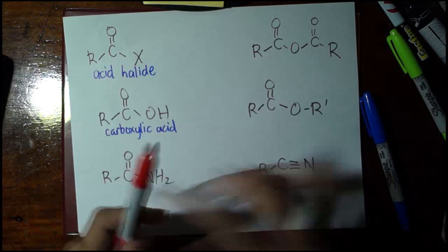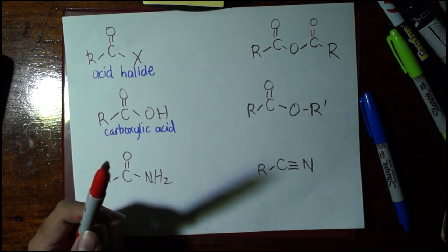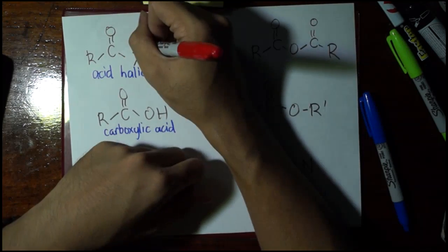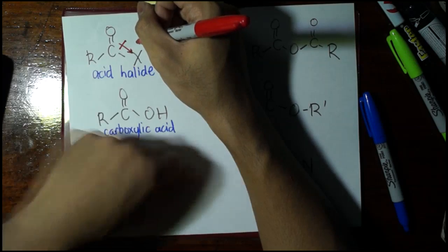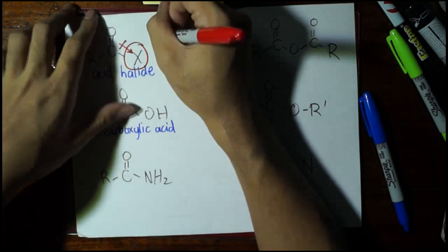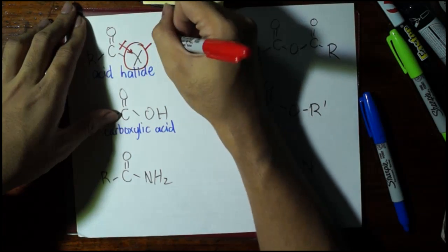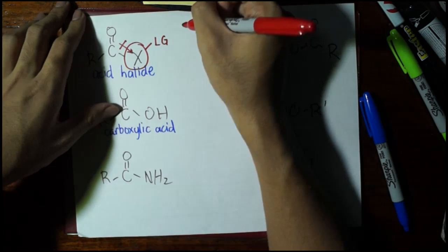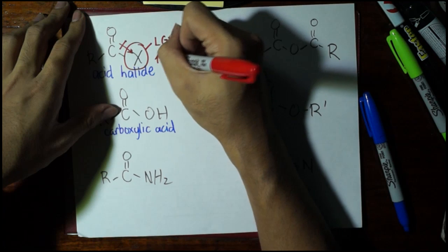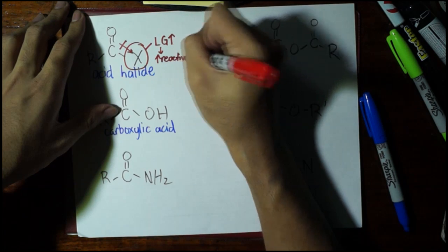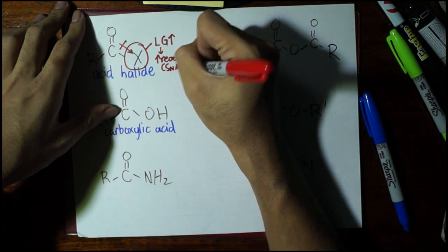I'm going to use red ink. Now, in acid halides, halogens are very electronegative. What happens? They draw away the electrons. This one becomes a very good leaving group. If it becomes a good leaving group, then it becomes highly susceptible to reaction by SN acyl.